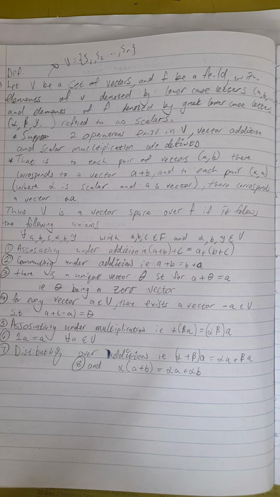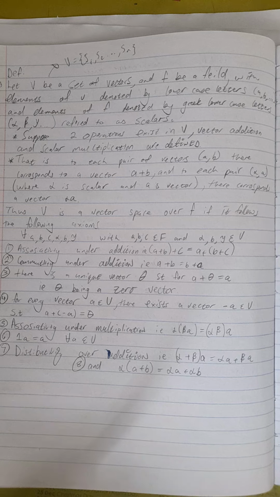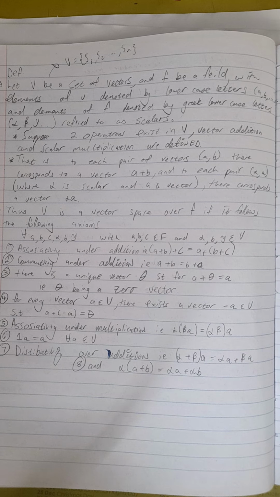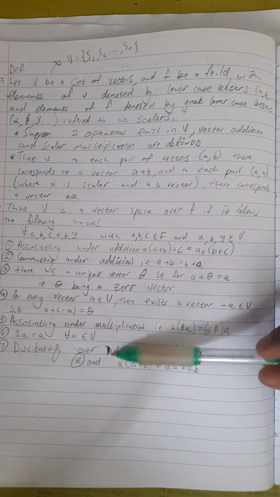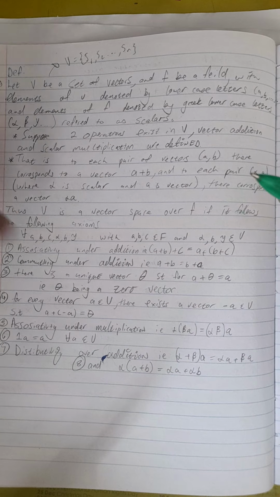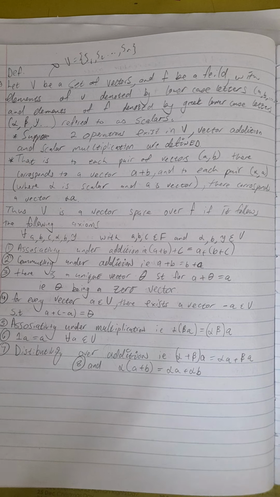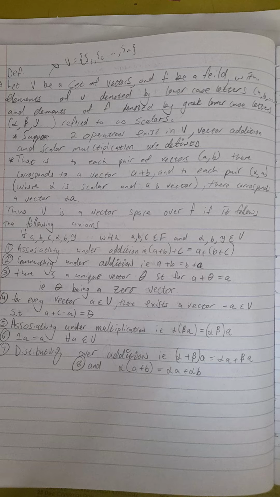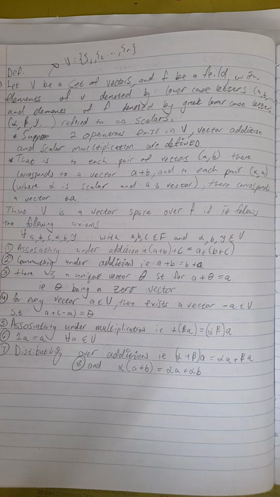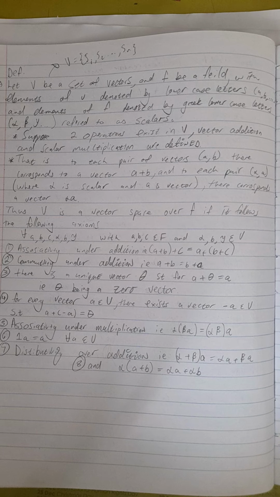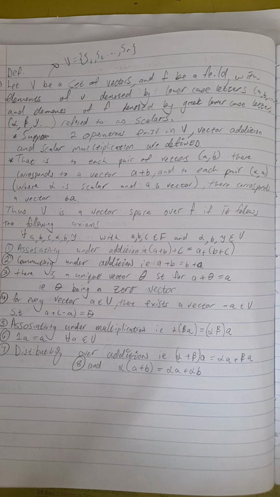It's also going to have its identity element for multiplication, just as fields did. And it's also going to have its definition under distribution over addition. So basically all of the attributes of a field are that of a vector space, except vector spaces are vectors and fields are scalars.